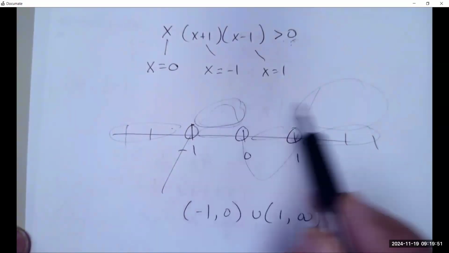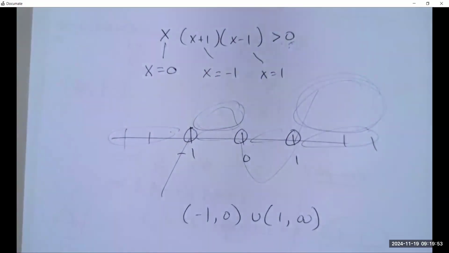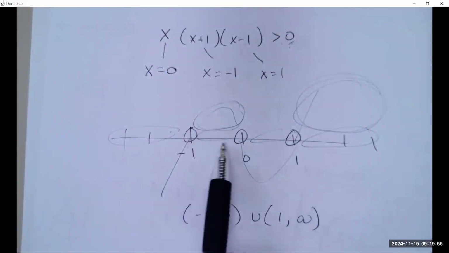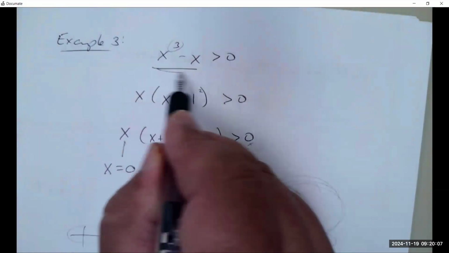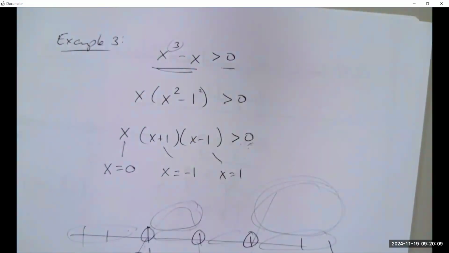And the only part of the graph that's above the x-axis are those 2 intervals. And that occurs from there to there. Instead of plugging in numbers, you can look at the graph. We want only parts of the graph. What part of the graph is positive? Positive means above the x-axis.